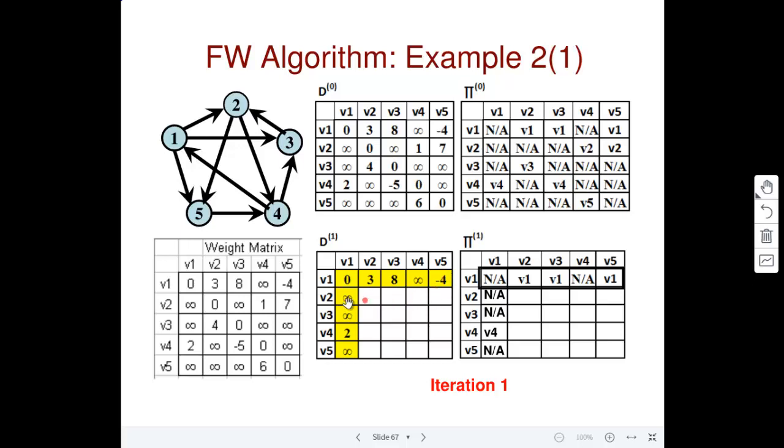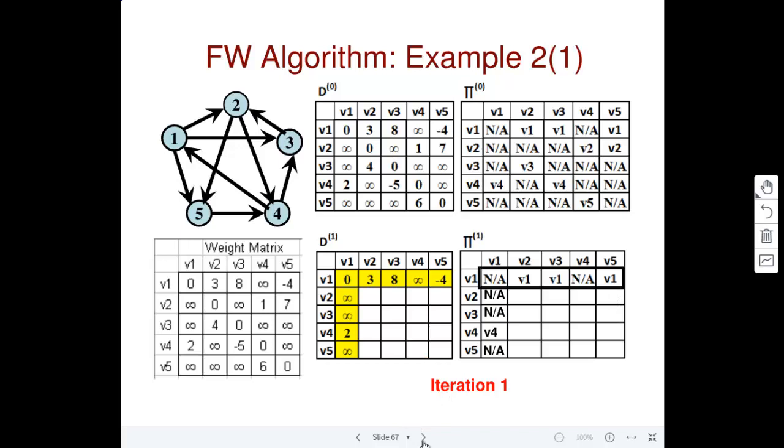Infinity plus anything is still infinity, so that's not going to reduce the values further. So I can right away copy the values 0, infinity, 1, 7 as the entries here. That means we can write down the predecessor entries as they are: not applicable, not applicable, then V2 and V2 for this row V2.